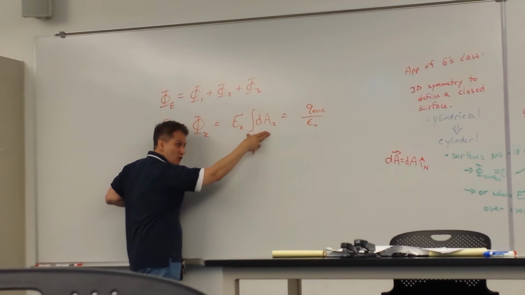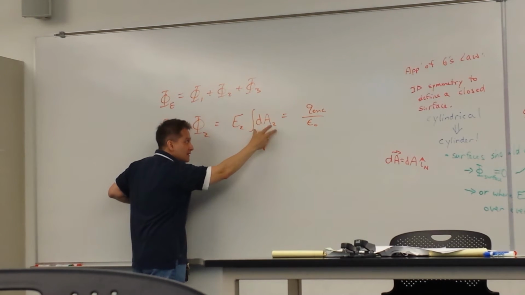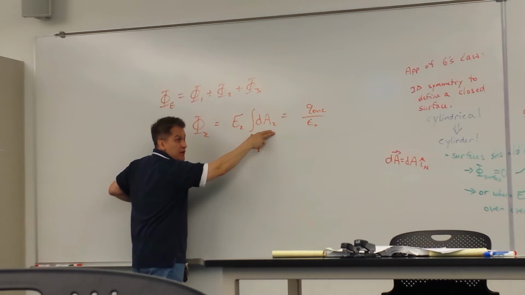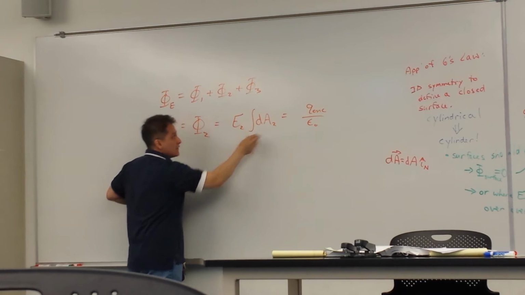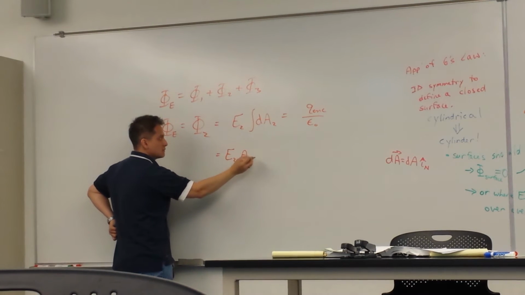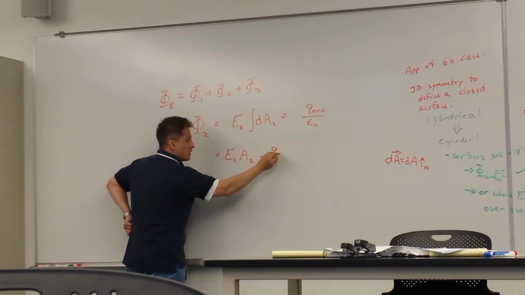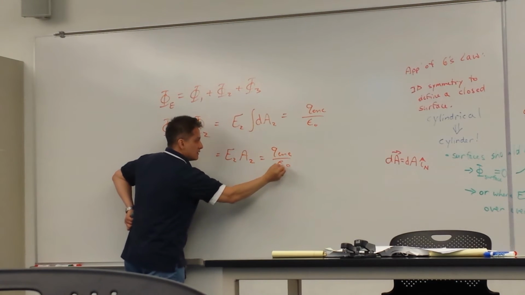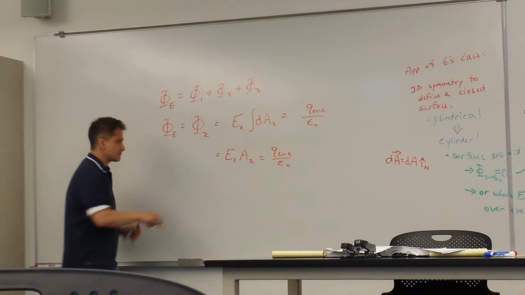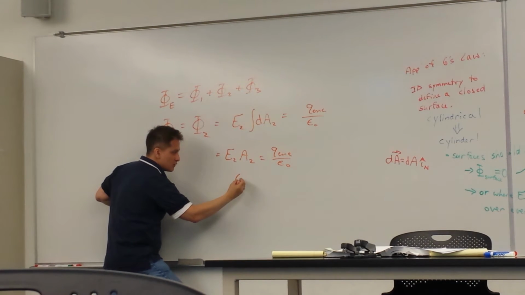And anytime you evaluate some quantity over itself, that's just A. In this case, it's just the whole value. So what we're left with then is E2 A2 is equal to Q enclosed, and to jump to the punchline, surface area is related to pi r squared, wherever I am.